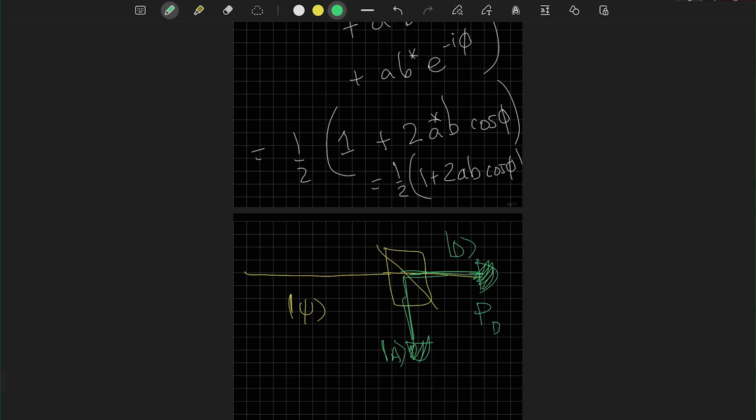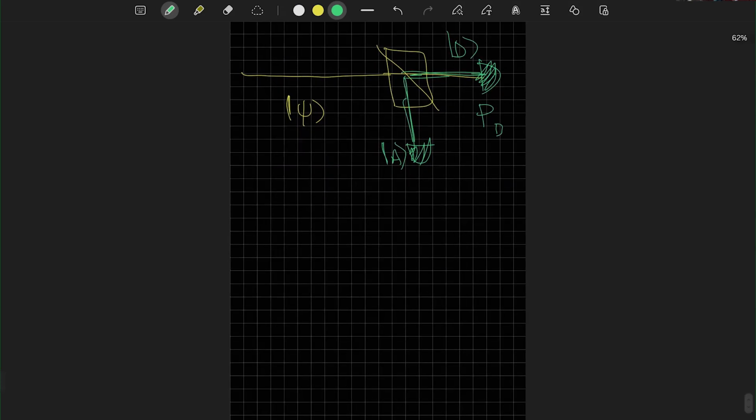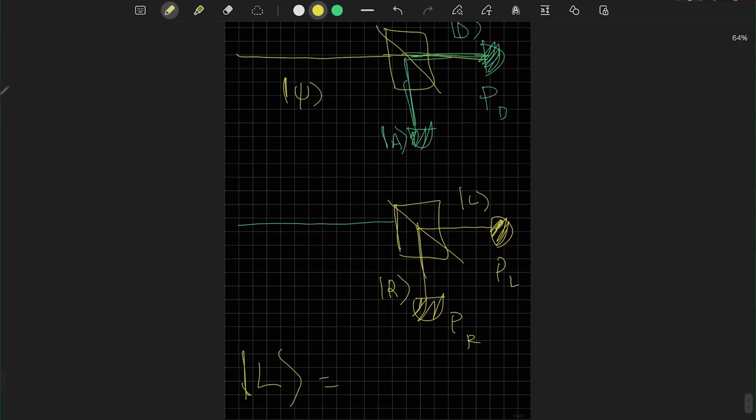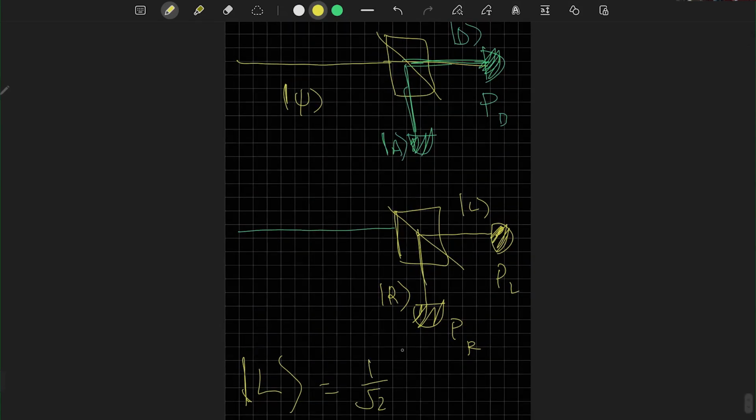So I'll do another experiment in which I project onto another hypothetical beam splitter that can project onto left and right circular polarized light, P_L and P_R, where L is given by, for example, 1 over root 2, H plus i V.